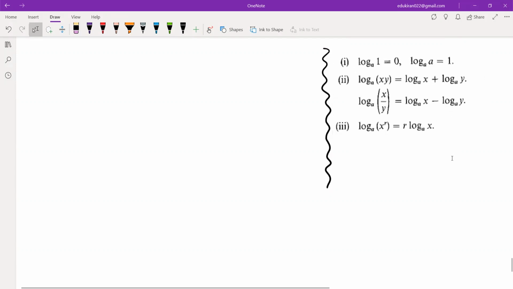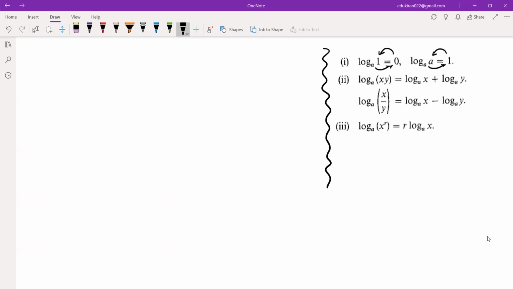So these are the three things that you can remember. This is the definition of log, because a to the power 0 is going to give you 1, and a to the power 1 is going to give you a. So this is also true. You can see this happening. a to the power 0 is going to give you 1. And this is the product rule, x into y. This is the quotient rule, and this is the power rule.